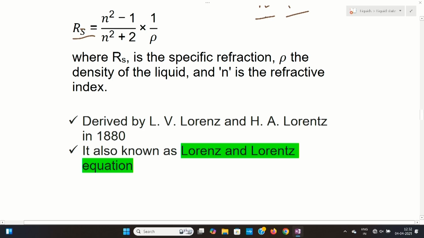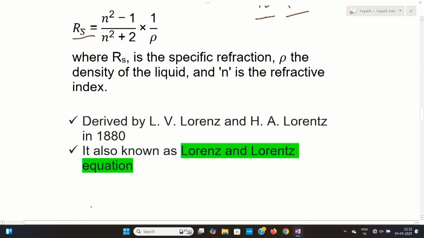This specific refraction equation is also known as the Lorentz equation, because it was found by two scientists, L. V. Lorentz and H. A. Lorentz.